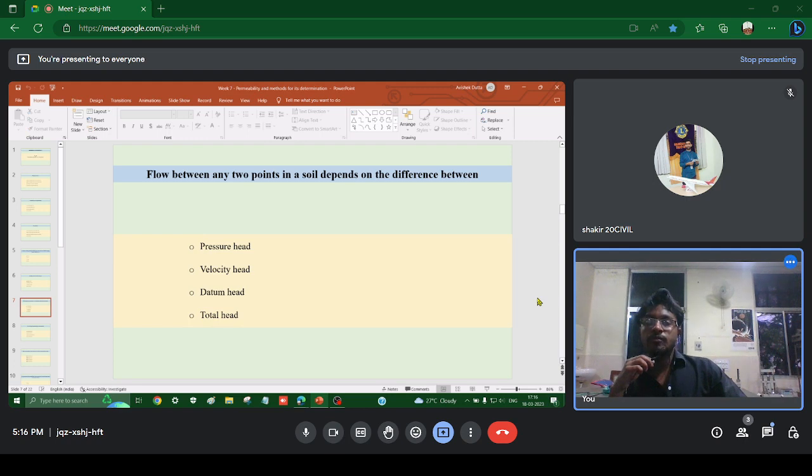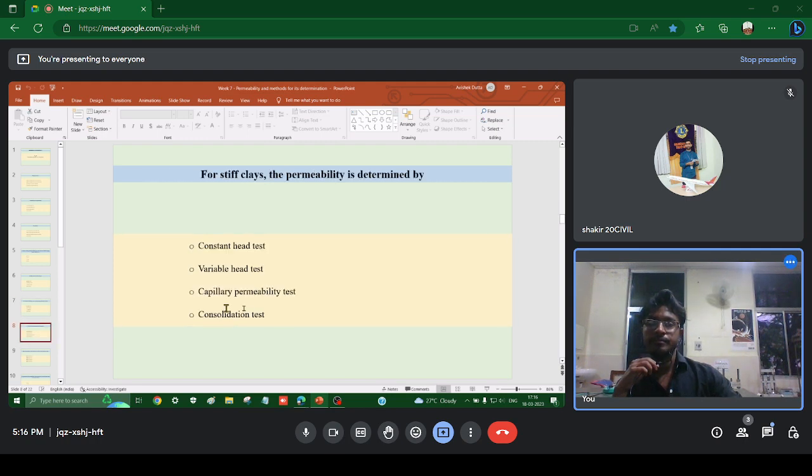I'll repeat once. Flow between any two points in a soil depends on the difference between. The options are pressure head, velocity head, datum head, or total head. Next question.